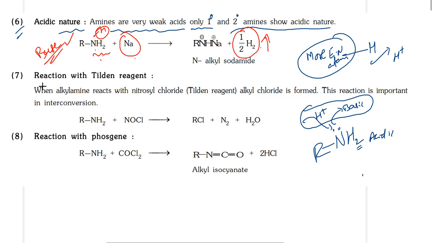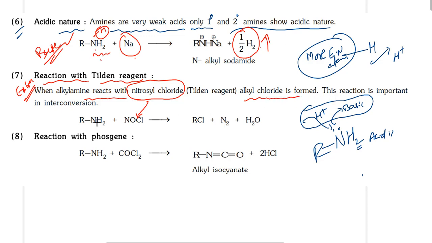Okay, next, reaction with Tilden reagent. It is only extra syllabus, we can say, this is only for JEE. When alkyl amine reacts with nitrosyl chloride, that is NOCl, then alkyl chlorides are formed.